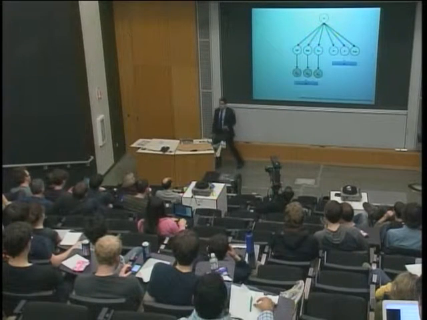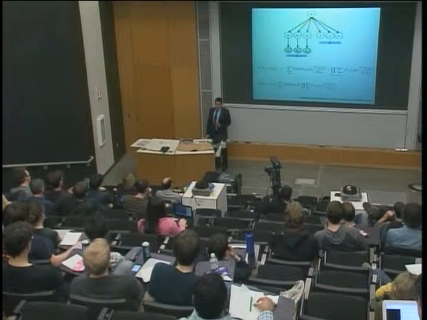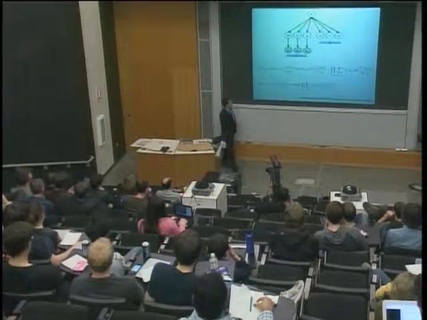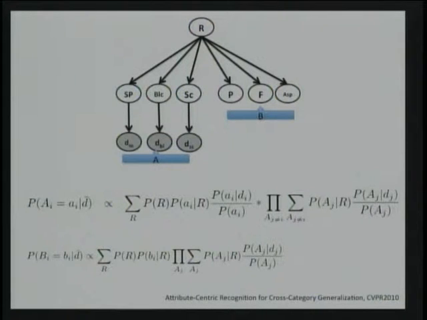So for the moment, assume that I learned this graphical model. Then I can actually do inference in this graphical model. If I'm interested in any of the attributes in category A, I'm going to predict all of my attributes, and that will be observed, the D bar. And I'm interested in the probability of, let's say, attribute A_i given the D bar.